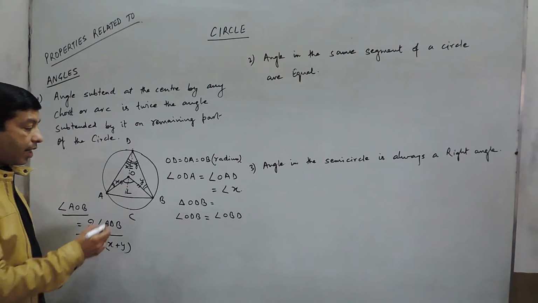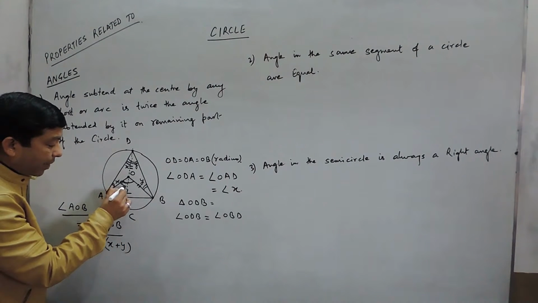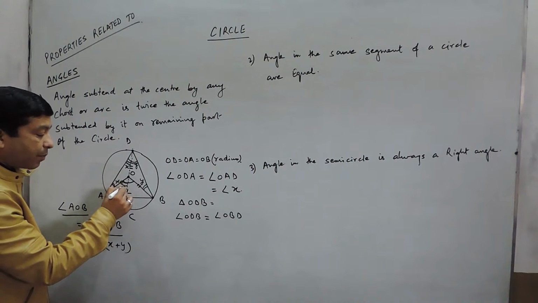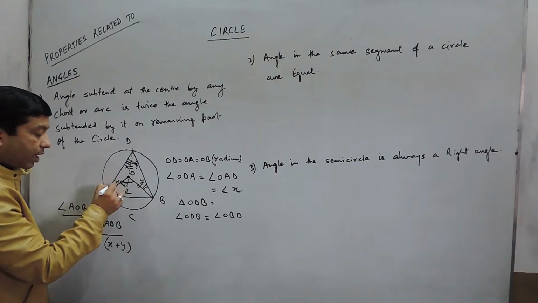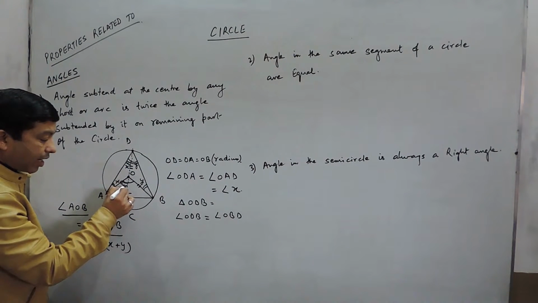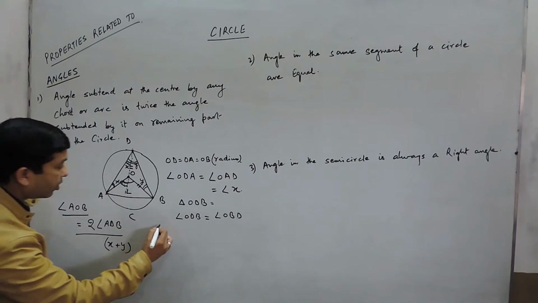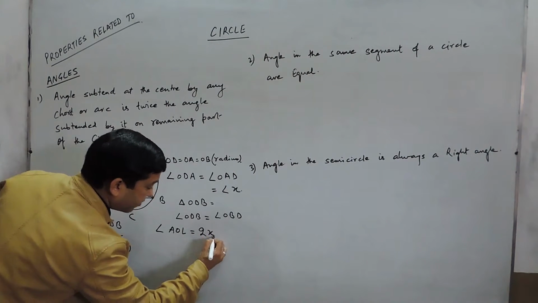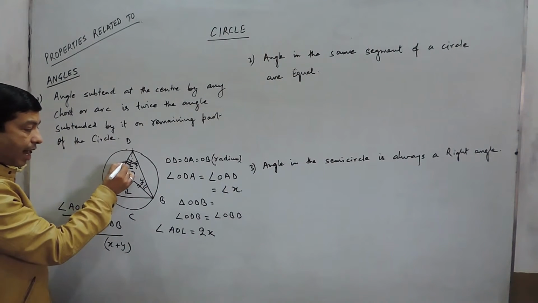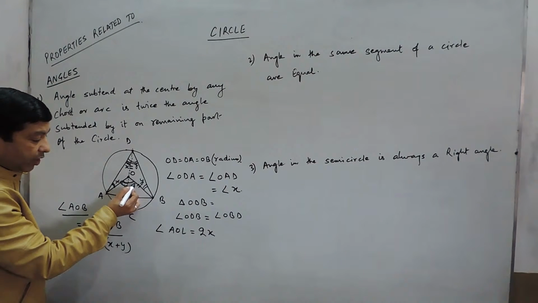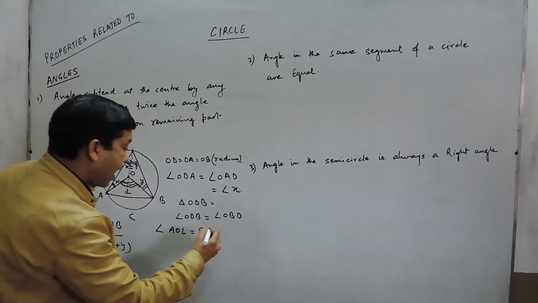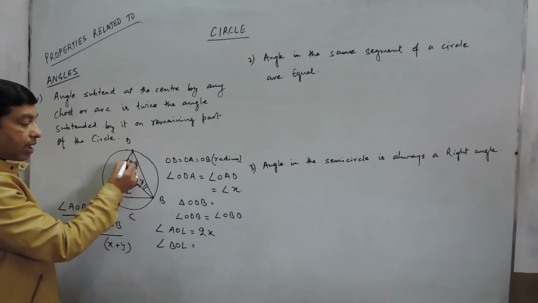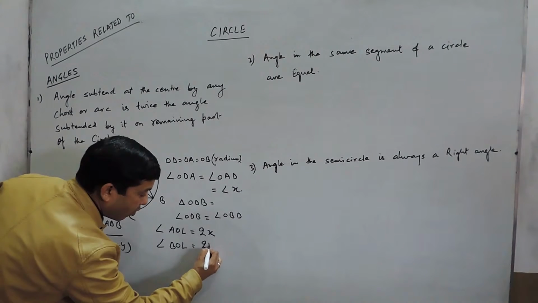If we go from point D to O and extend this line to a point L, the angle AOL is an external angle. It must be equal to the sum of the remaining two angles, so angle AOL is equal to 2X, this angle X and this angle X. In the same way, angle BOL is equal to the sum of the remaining two angles, that is 2Y.